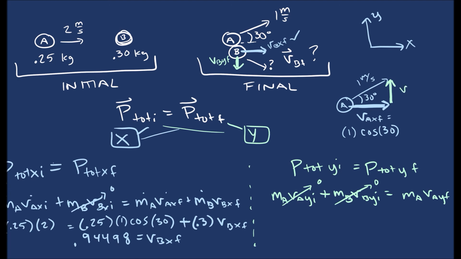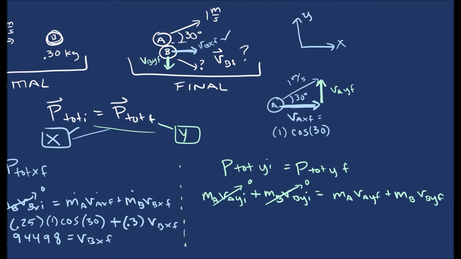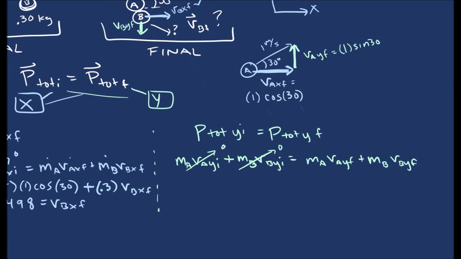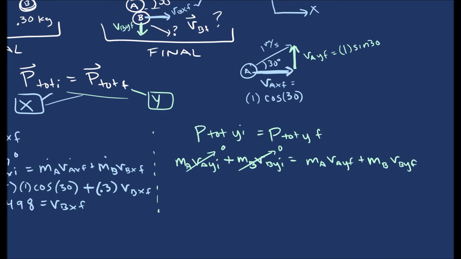So we are going to need to solve for VAY final, and that's opposite of that 30-degree angle, so we end up with 1 times the sine of 30 degrees. That is what our final y velocity for billiard ball A is. So we have 0 equals mass of A, which is 0.25, times 1 sine 30, plus 0.3 times VBY final.